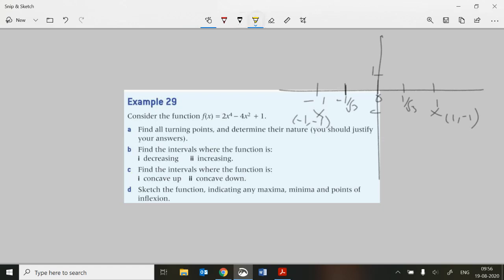Okay, so to put the graph in, this is looking a little scruffy, so let's try and put this graph in now. We know that we've got a turning point here. We've got that turning point. We've got the turning point here. We've got the turning point here. And it goes through a point of inflection.